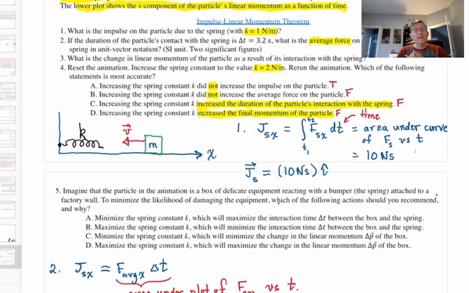We've got four things. We have to decide which is the best one. A, minimize the spring constant. We want to pick the right thing to do and the right reason for it too. Minimize the spring constant, which will maximize the interaction time between this box and the spring. Should we do that?